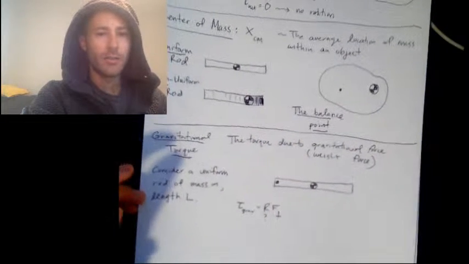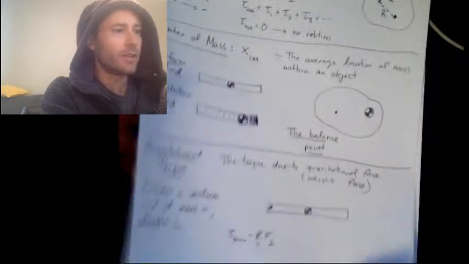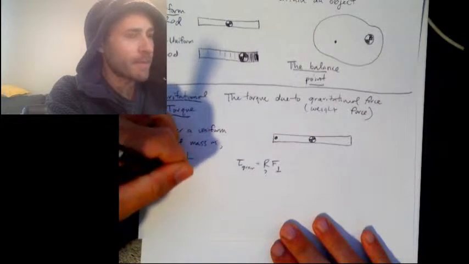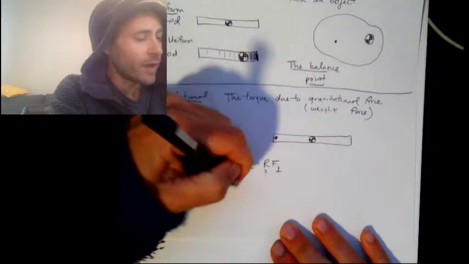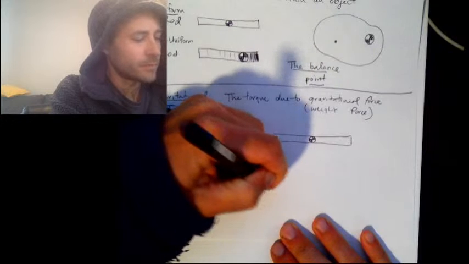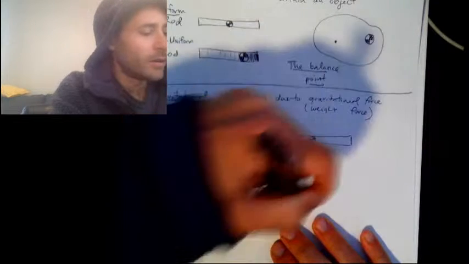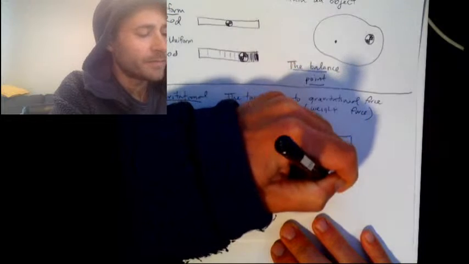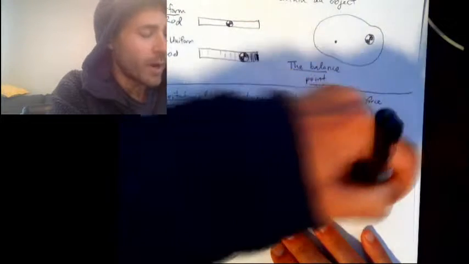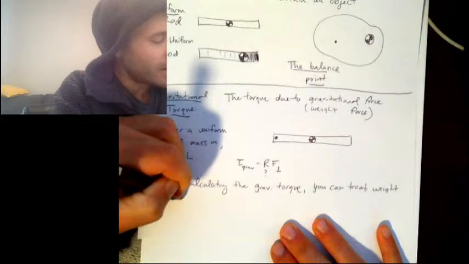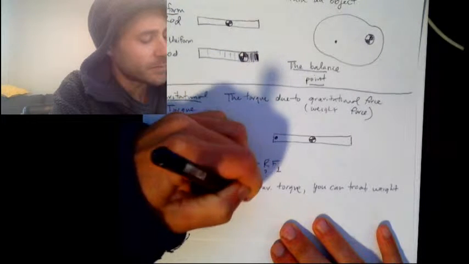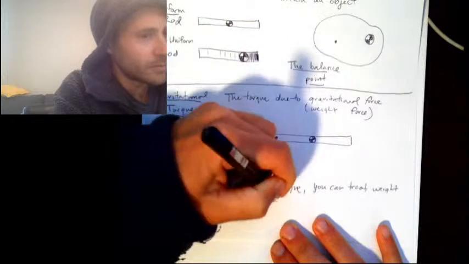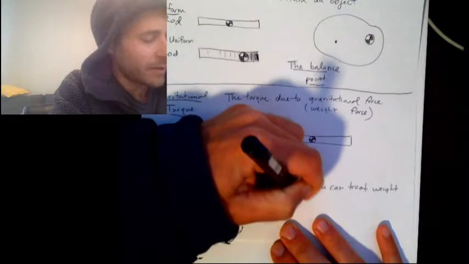The lesson here is that when calculating the gravitational torque, you can treat the weight force as if it is concentrated at the center of mass.